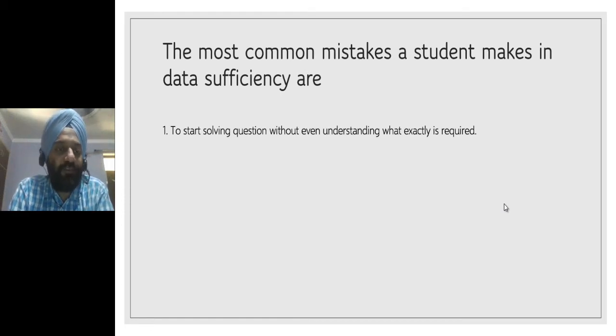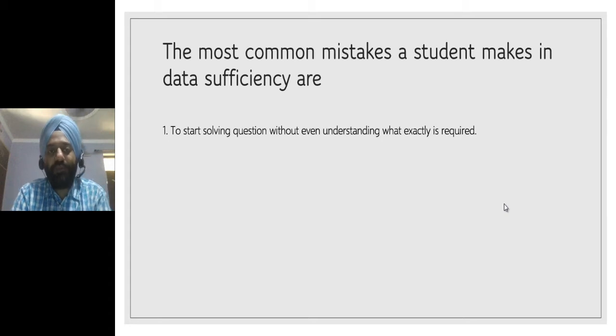If you look at the first mistake, it says to start solving a question without even understanding what exactly is required. This is probably not a problem only with data sufficiency questions; it is a problem a student faces in the entire GMAT, whether it's verbal or quant.